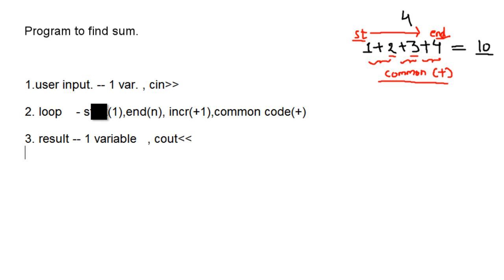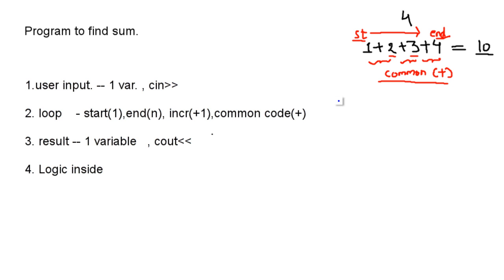Now the last and important thing that is required is the logic inside the loop. How will I do the summation inside the loop, so that the summation of all the steps, all the i's 1, 2, 3, 4, gets stored in the variable result? This is what I need to make. I require this logic, and we'll see how we figure out that logic.